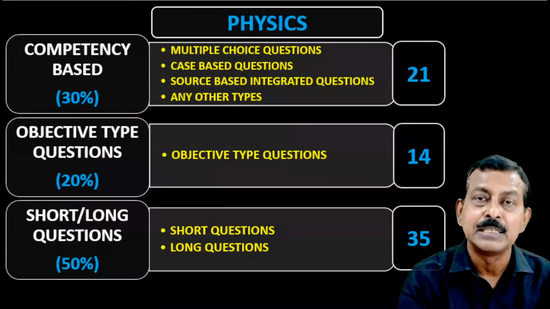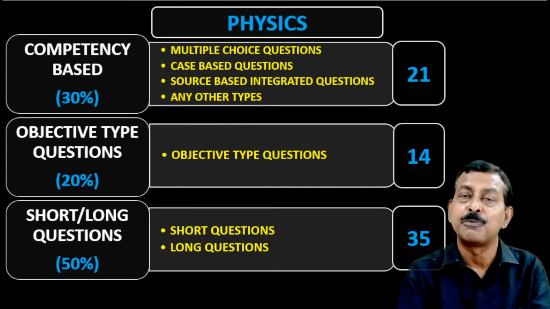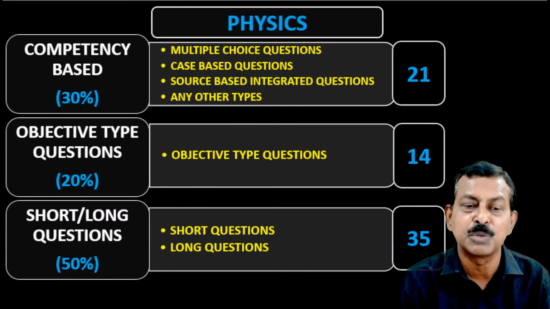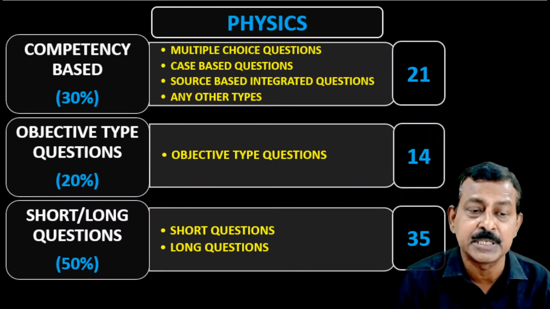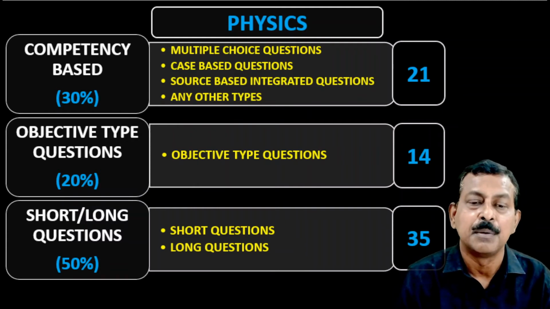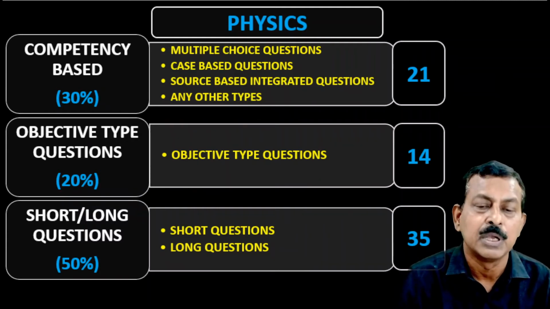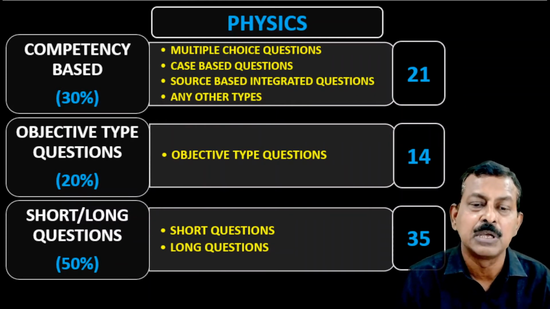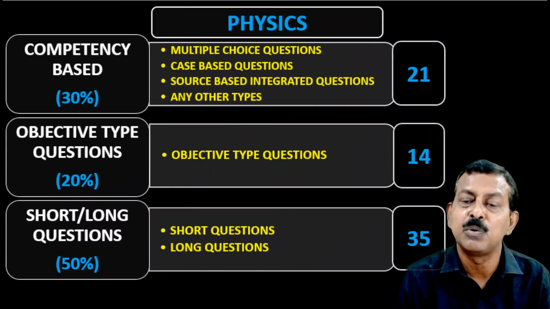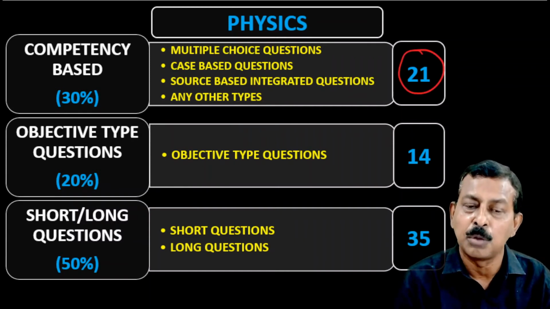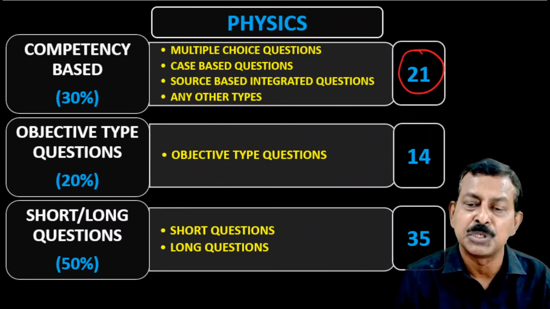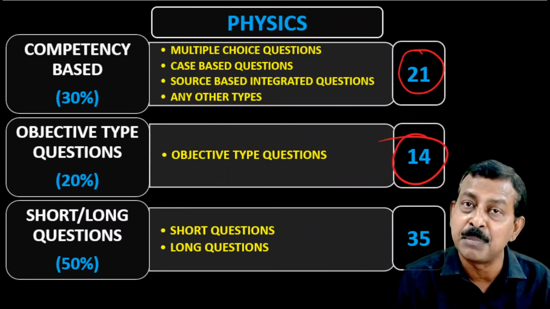Let's see for the physics paper what the marks will be. Competency-based questions will be 30%, so it will include multiple choice questions, case-based questions, source-based integrated questions, and some other types of questions. And it will be of 21 marks. Objective type questions are 20%, so it is 14 marks.